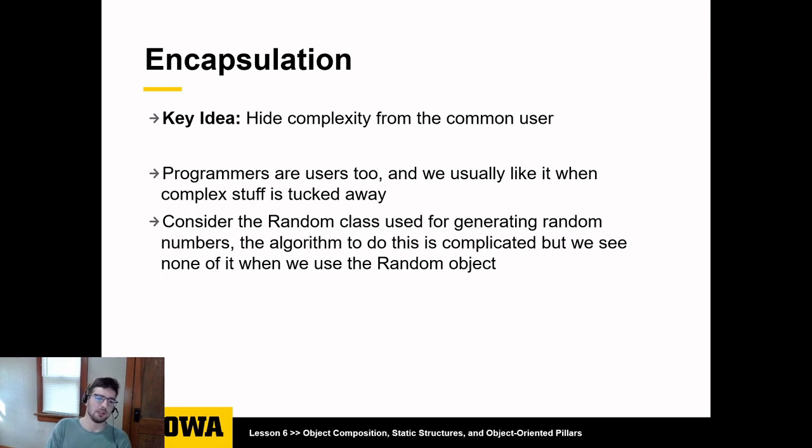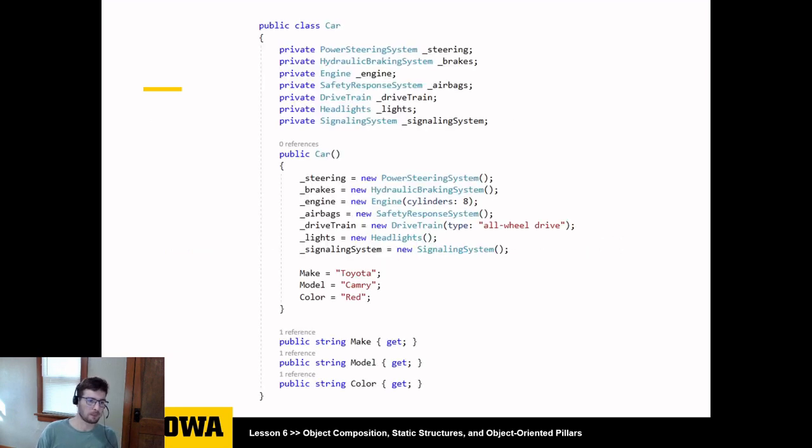I just want to go, my random object dot get random integer, right? And that gives me a random integer that I can use for what I want to do. So random object encapsulates all that complexity that's involved with generating a random number and makes it easy for me to get random numbers.